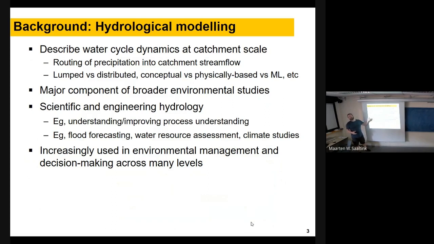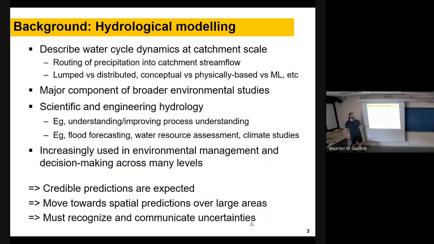If we want to improve the predictions, generally speaking, we also would like to ensure we have a good process understanding. What's common amongst all of these issues is that these models are increasingly used in decision-making, in environmental management contexts. In fact, some of the work that I do is with the Australian Bureau of Hydrology, which is very much interested in forecasting at a range of timescales, and I'll show you some results from there.